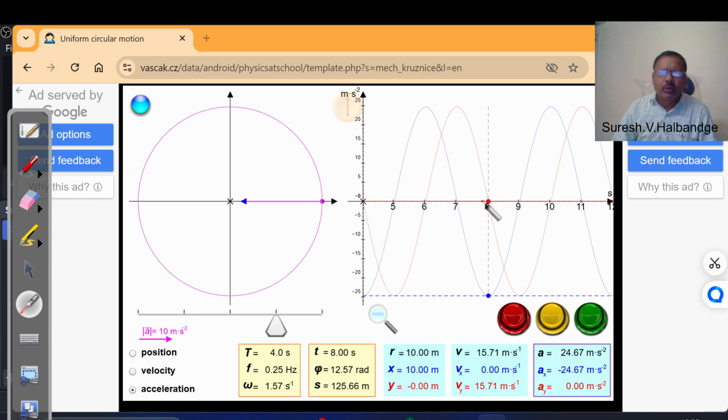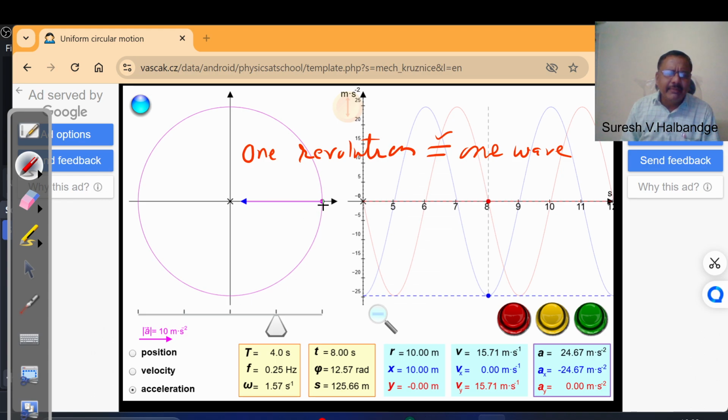It will complete one wave. So we observe one revolution is equivalent to one wave.